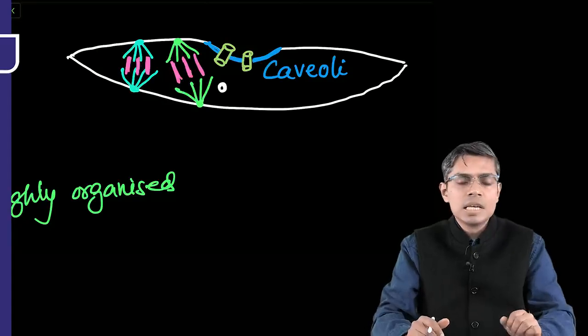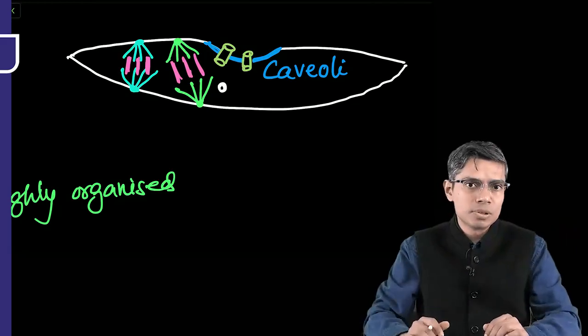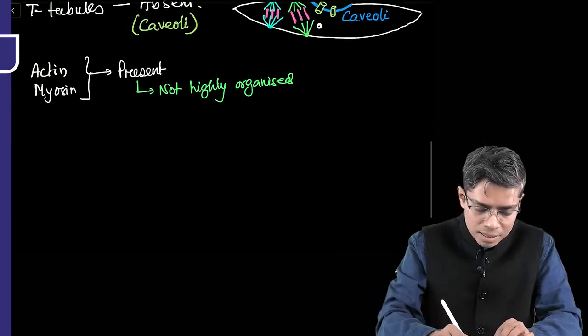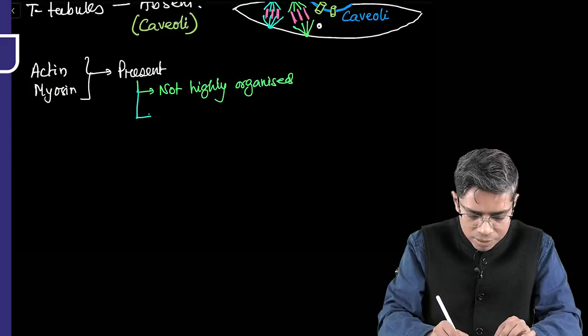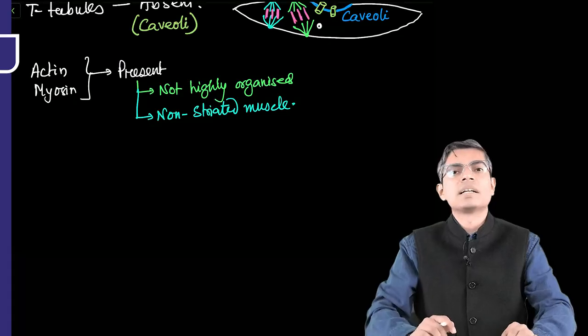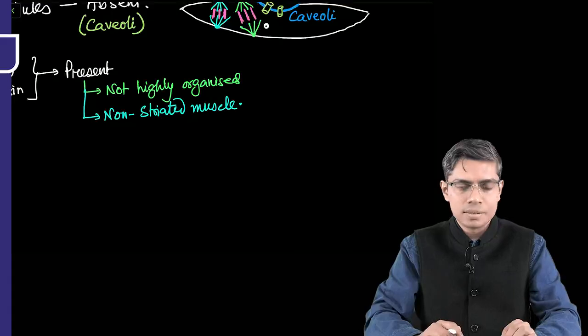Because of this, you are not going to find alternate dark and light bands within the smooth muscle. Rather, we say that smooth muscle is non-striated muscle, because you are not going to get alternate dark and light bands because of this disorganized actin-myosin complex, right?